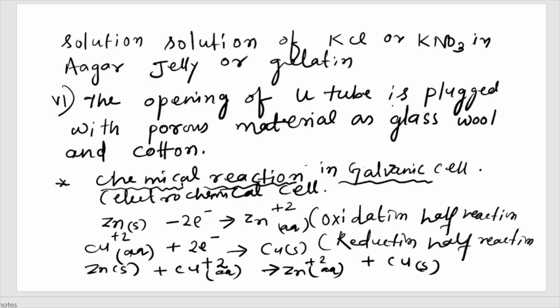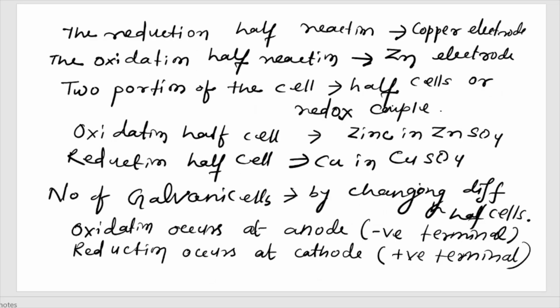One is the oxidation half cell, the other is the reduction half cell. The reduction half reaction means the copper electrode. The oxidation half reaction is related to the zinc electrode. When you say reduction half cell, we see the copper electrode. When you say oxidation half cell, we see the zinc electrode.